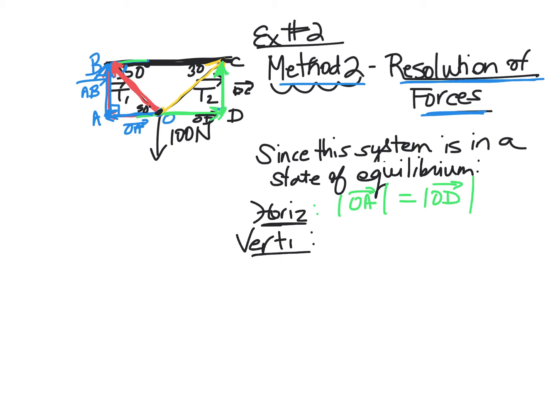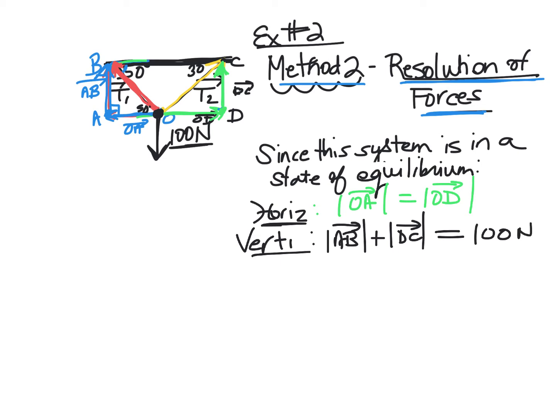Because we're talking about vertical components, I have this 100 Newton force pulling downwards. So vertically, in equilibrium, the magnitude of the AB vector plus the magnitude of the DC vector, those two vectors pulling upwards, must equal the magnitude of the vector pulling downwards. The magnitude of that vector pulling downwards is 100 newtons.